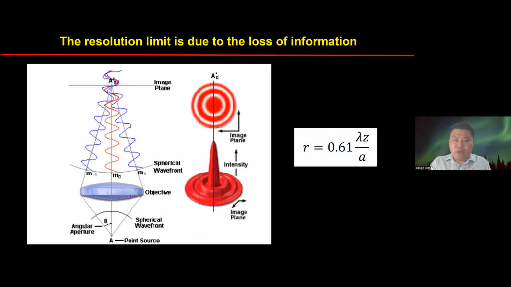So when it converges back, it cannot converge into a very small or infinitely small spot, right? So the spot it converges to is proportional to the inverse of your NA, which is the famous resolution equation. So the resolution limit is because you didn't capture everything in the spatial domain.